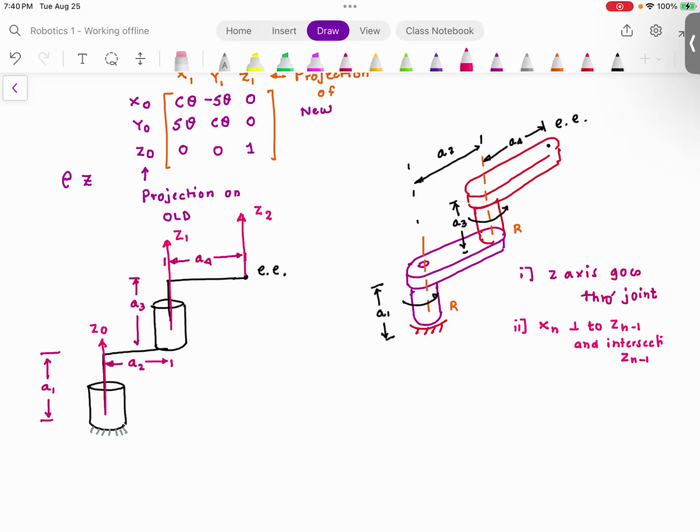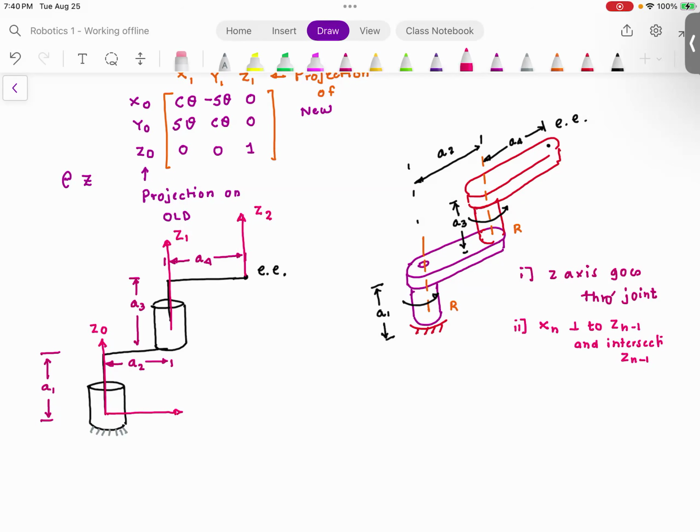So I have to identify X0. But do you agree with me? In this diagram, there is no Z minus 1. The whole diagram starts with Z0. There is no Z axis before Z0. So I'm going to assume my X0 to be in this direction.